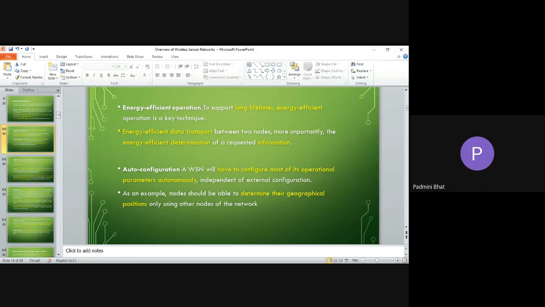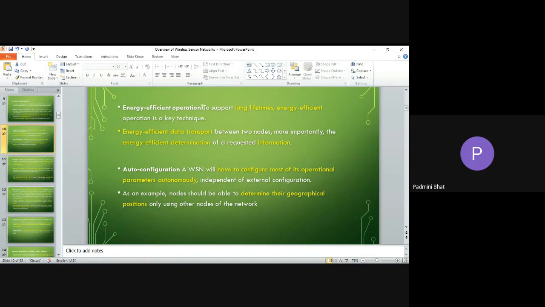Next is auto configuration. The word itself tells us: the network has to configure most of its operational parameters autonomously, independent of external configuration. Each and every time, the wireless sensor network should not need to be controlled from the remote base station, because for controlling you would waste bandwidth.